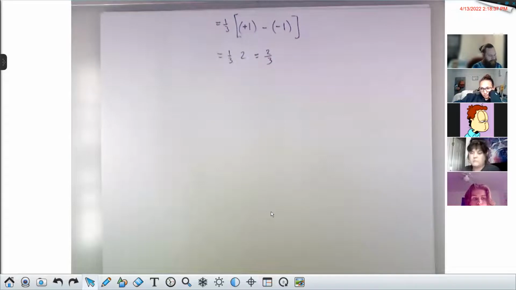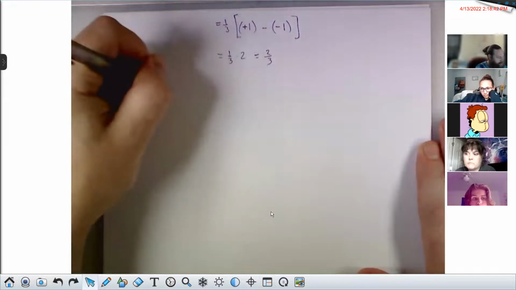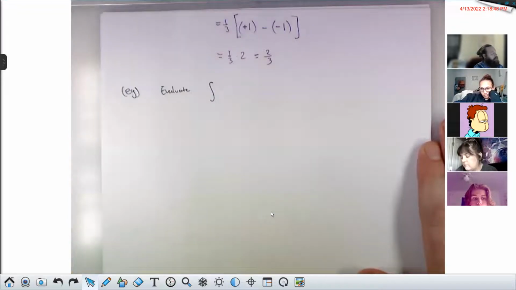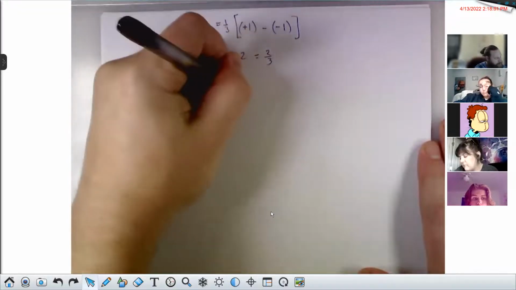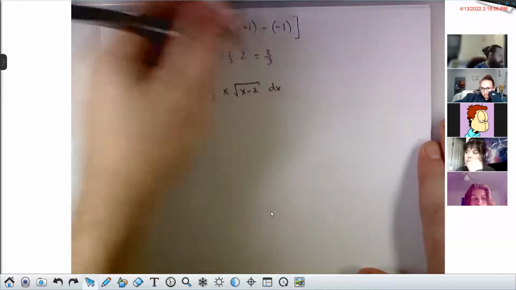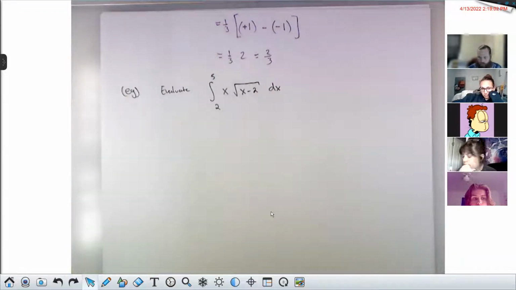And to that end, I want to look at the definite integral version of, let me see. Let's do this from 2 to 5. I'm going to start by looking at the graph of this function. I'll run you through the procedure here in just a second, but for now, I just want you to think along with me.